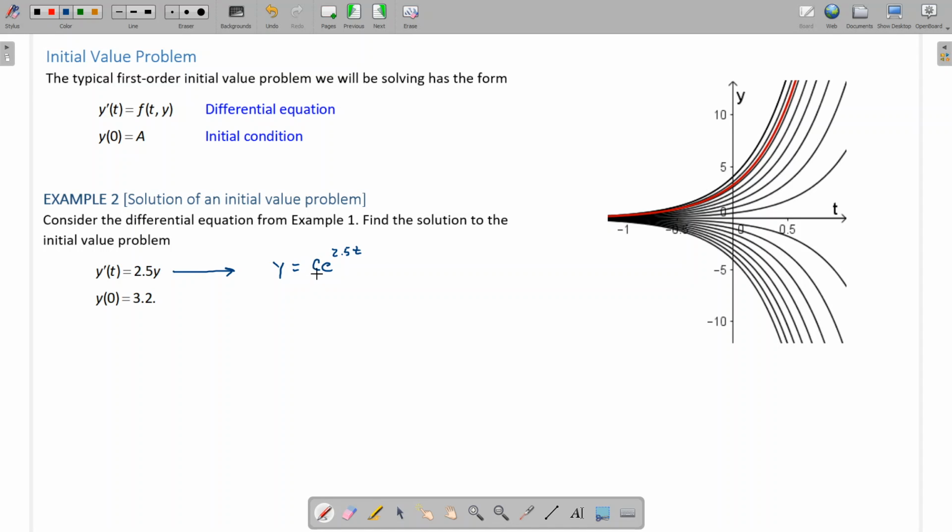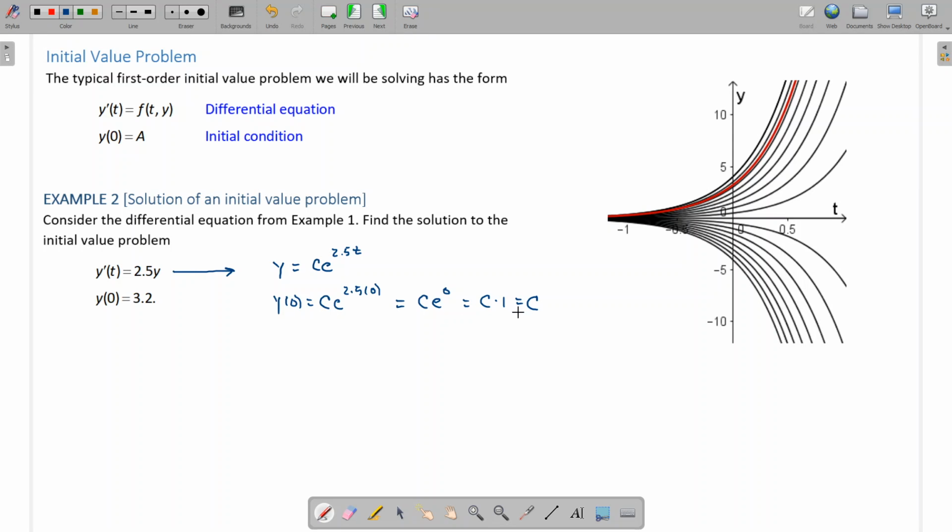So now we want to be able to find the exact value of c that satisfies this initial condition. So we know y of 0, if we plugged 0 into this, would be c e to the 2.5 times 0, but that would give us an exponent of 0. E to the 0 is just 1, so that would be all equal to c.